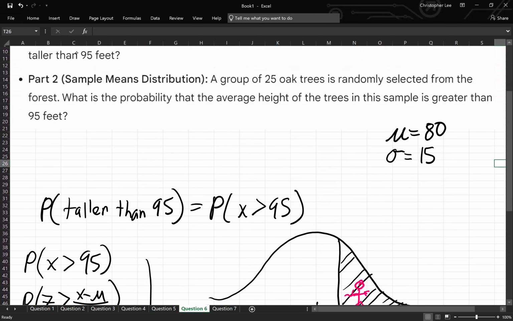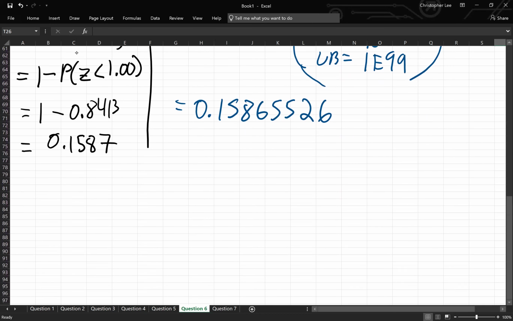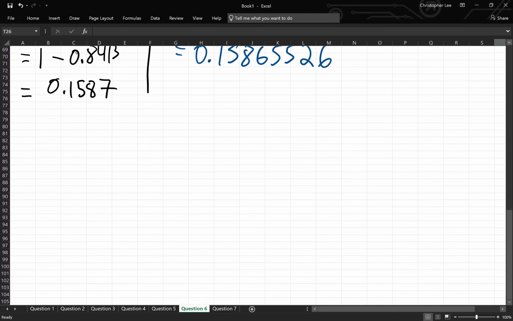Where's my sample again? 25. So in this question now, I have an N, which is 25. Wait, let me do it in blue. Hold on. I just want to show that it's connected.